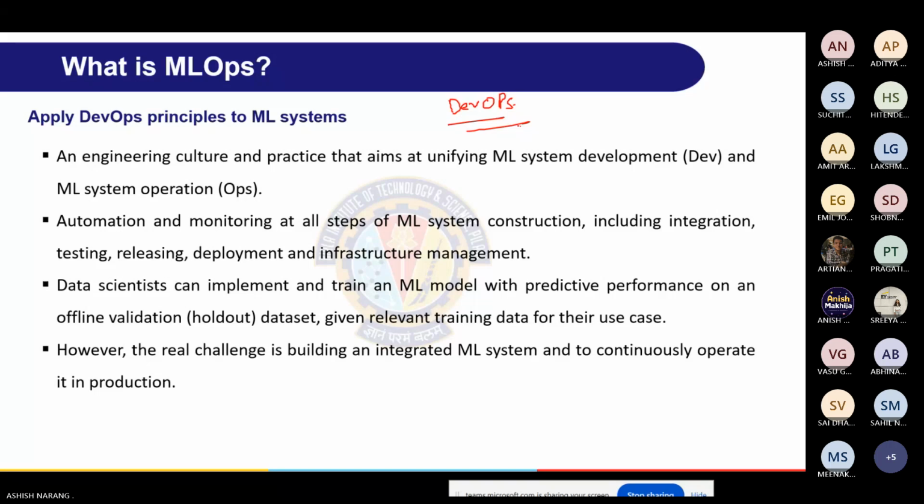So it is very similar to the DevOps principle, which the industries have already practiced, right? So basically in DevOps, you have CI/CD pipelines, right? Continuous development, continuous integration, and so on. On similar lines, we have a continuous management of machine learning models as well.